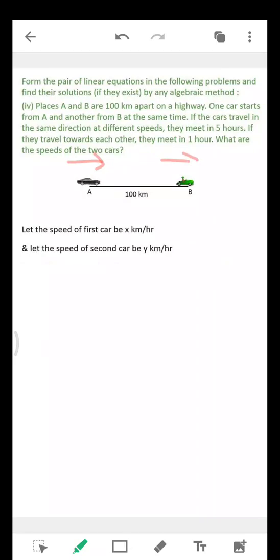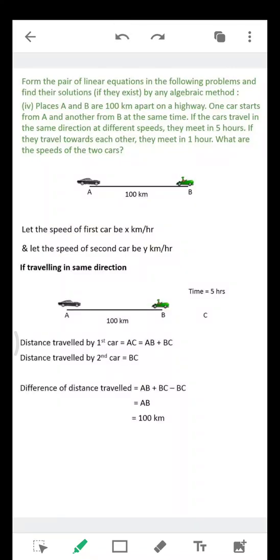They are at a distance of 100 kilometers already, and they are traveling in the same direction. So where will they meet? They will meet somewhere at point C. The police car and thief's car travel in this direction, and they are caught at point C after 5 hours.